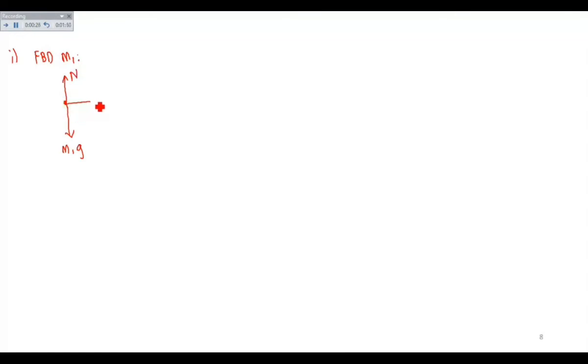And then we have tension in the right direction. Then kita ada frictional force, which is in the opposite direction to the tension. Saya tulis FK sebab memang dalam soalan dah diberi value of mu k, coefficient of kinetic friction. Sebab tu saya tulis kat sini FK.